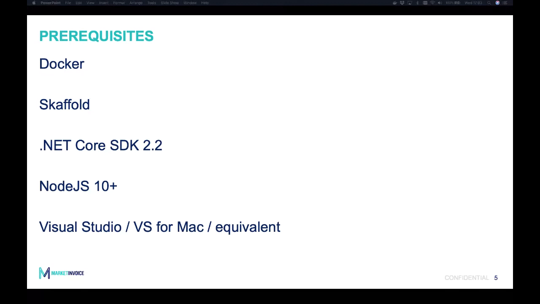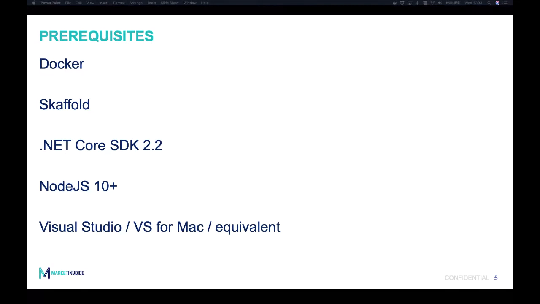The Docker container itself abstracts away a lot of these dependencies on the SDK, but because we're going to be building up a completely new application from scratch, we're going to be using the built-in templates. It makes sense to have that installed. And again, Node.js 10+. This will be required for installing npm assets, running the Webpack dev server locally with Create React App.